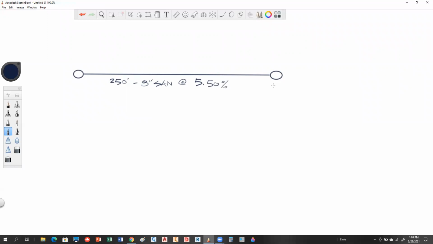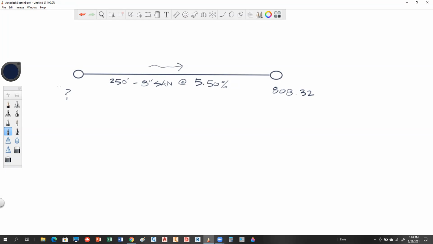And this guy has an invert, let's say, of 832. We don't know this guy's invert, but we do know that it's traveling downhill like this. That's the way it's flowing. So in a problem like this, the first thing I'd want to do is determine what this guy's invert is.